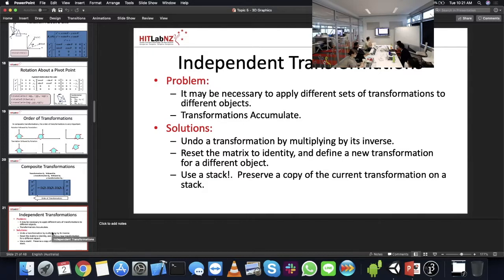So yeah, just to finish up the stuff about transformations. In addition to composite transformations, we may be interested in doing independent transformations. So if we want to draw one object, that's fine. We move it out to wherever we want to put it and we draw it.